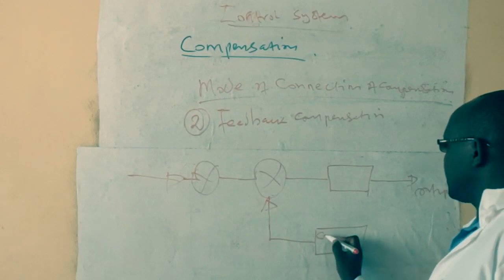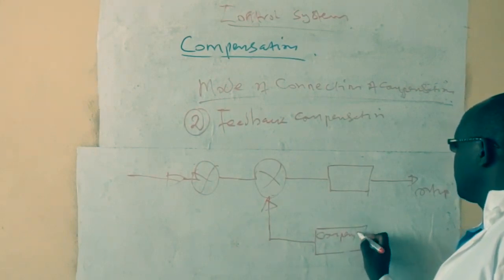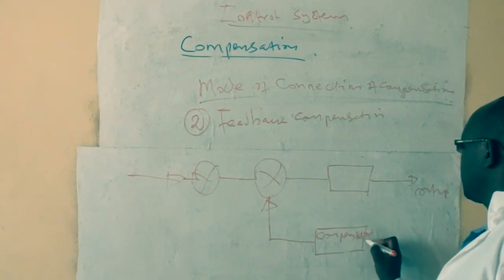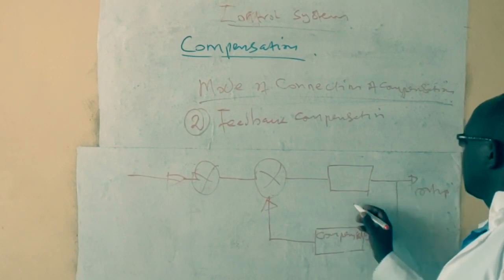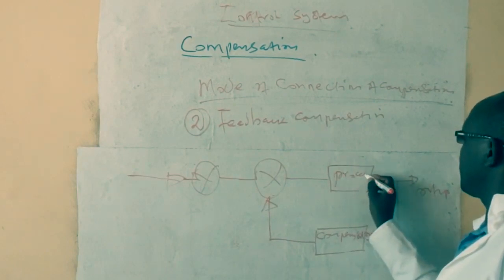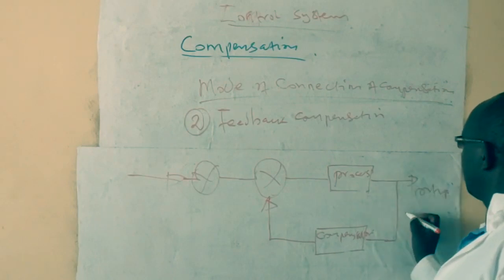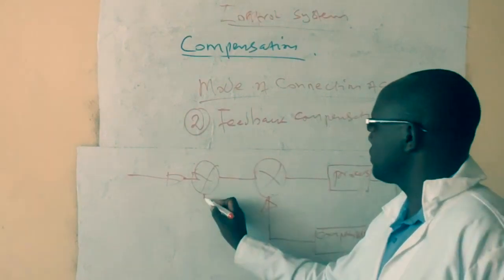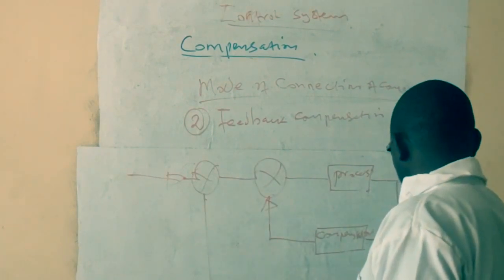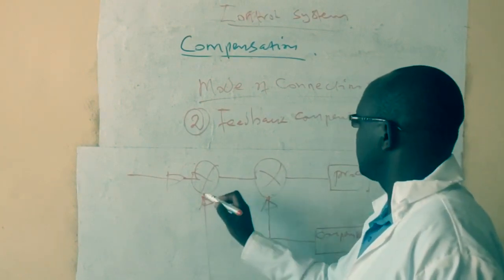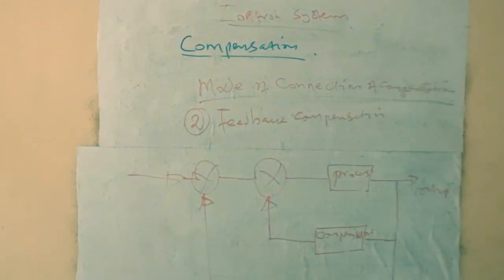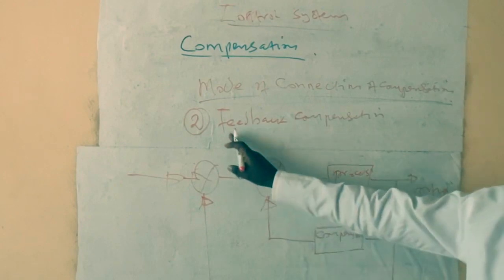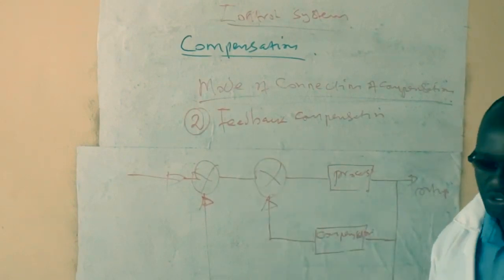This is the compensator. So this is also another one. This is the compensator. We call this one feedback compensation.